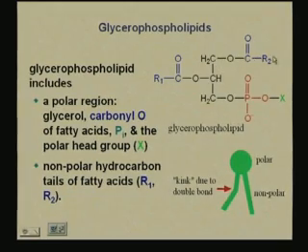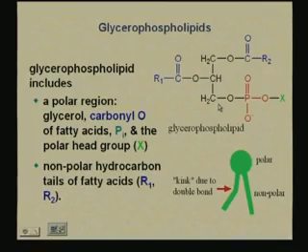We have one fatty acid linked on the first carbon, a second carbon linking another fatty acid. So, obviously, we can change the type of fatty acid that we have. As soon as I change the type of fatty acid, the type of lipid is going to change. Then, I have an esterification on the third carbon atom with phosphate, and I have a polar head group here, which we will see how that affects it.